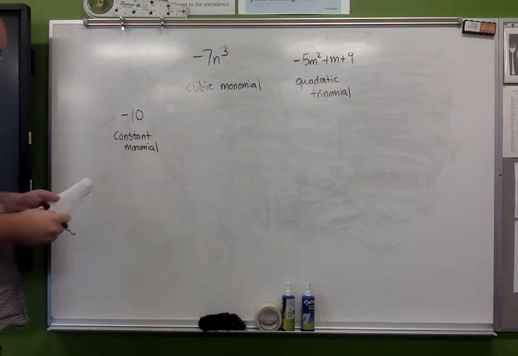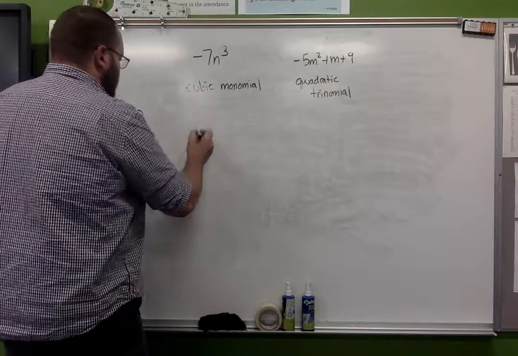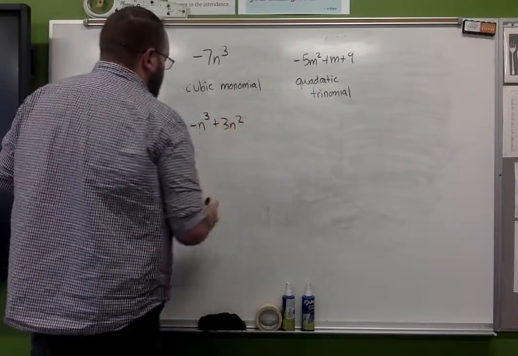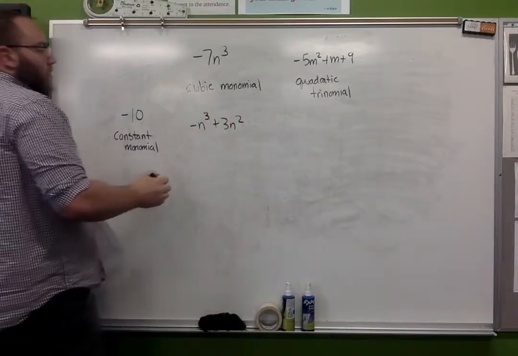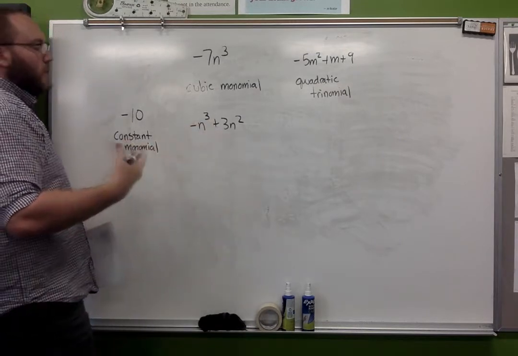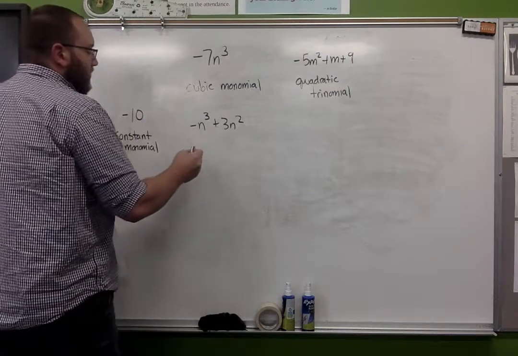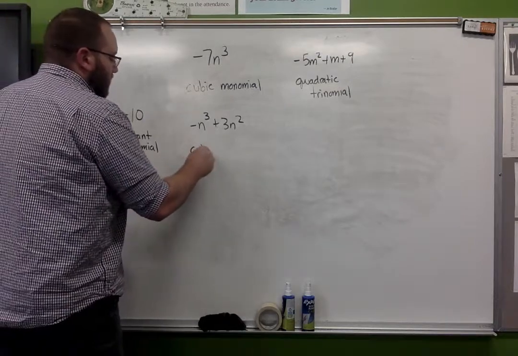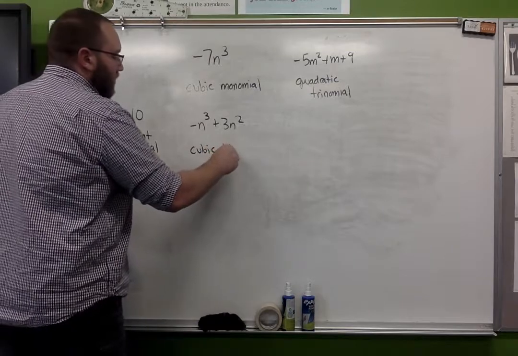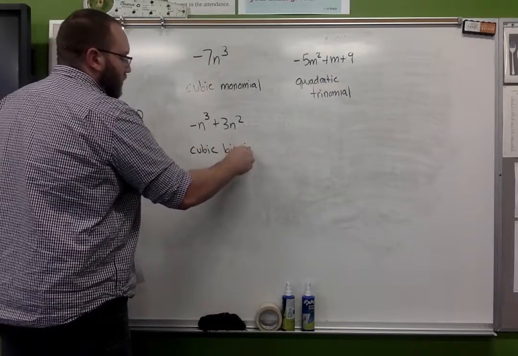Now we have negative n to the third plus 3n squared. The largest exponent is 3, so the degree is cubic. There's only 2 terms, so cubic binomial.